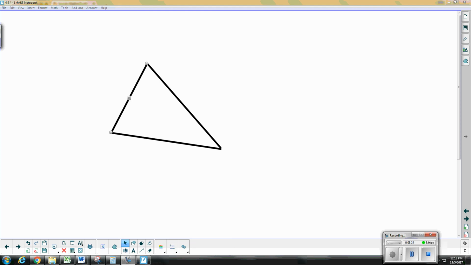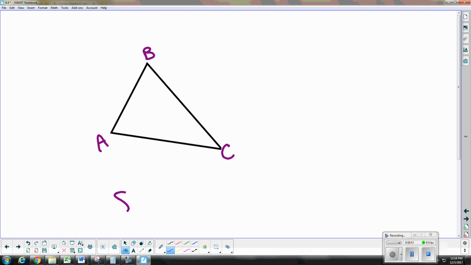Let's look at this triangle for a second, and we can label it A, B, and C. Now we're looking at the side, side, angle conjecture.